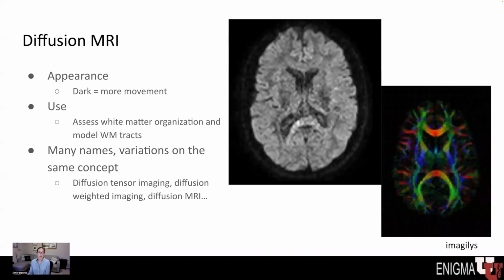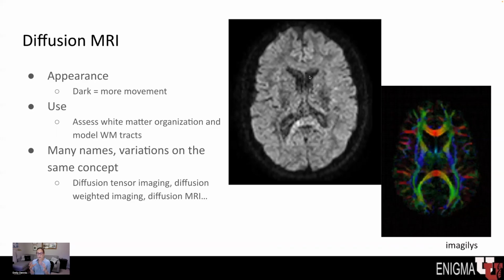Diffusion MRI. Diffusion MRI is a little bit different from these last two in that it's mapping the movement of water in the brain. And we're taking multiple pictures, but from different angles. When you're looking at a picture, if it's dark, that means there's more movement in that area.